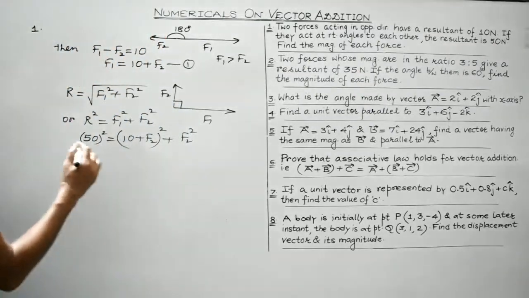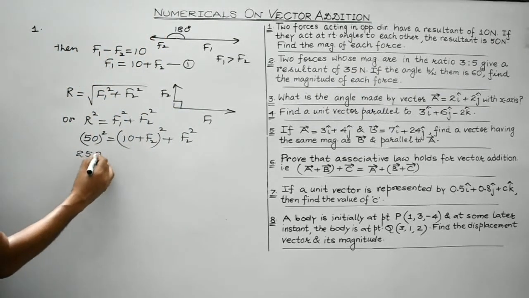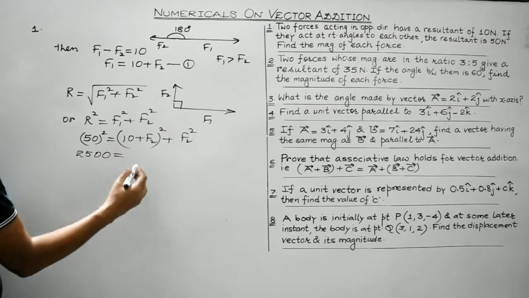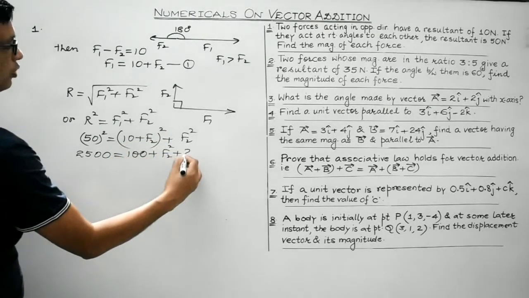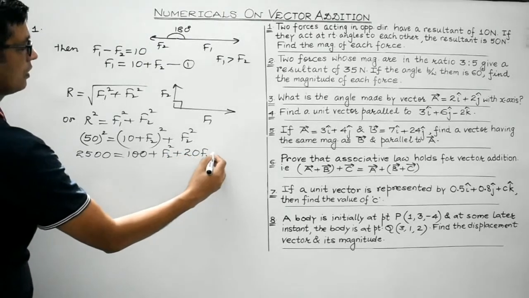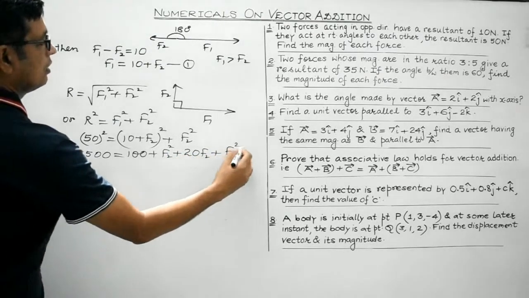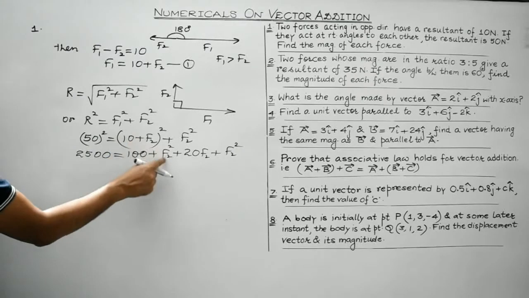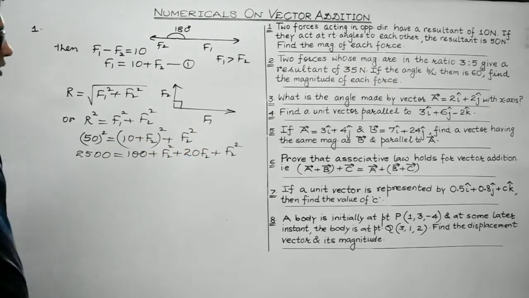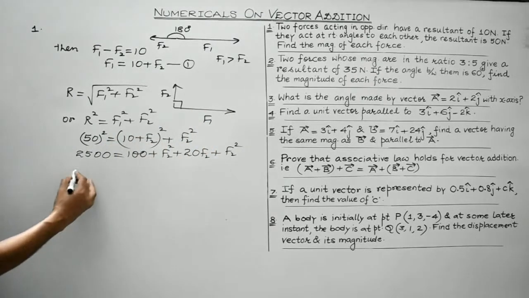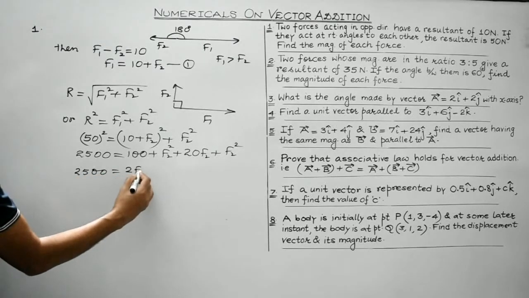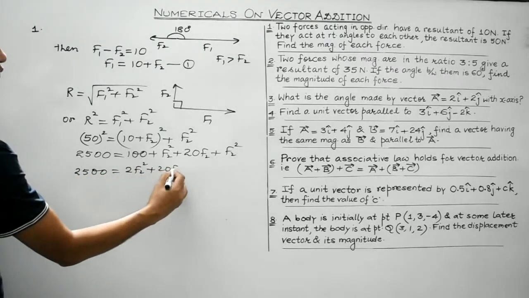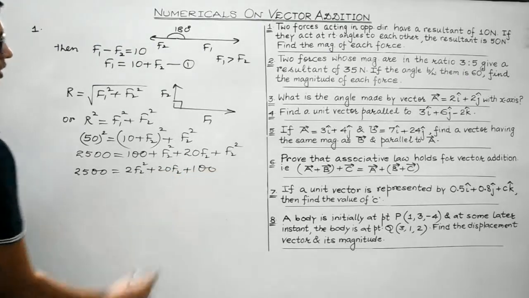So let's do it. It will be 2500. It's in the form of (A plus B) whole square, so it would be A square plus B square plus twice AB. Right? So we can rearrange the terms. What we get is 2500 is equal to twice F2 square plus 20F2 plus 100.